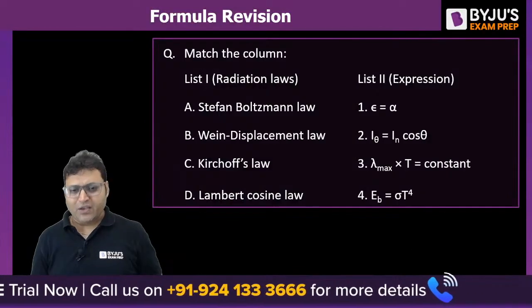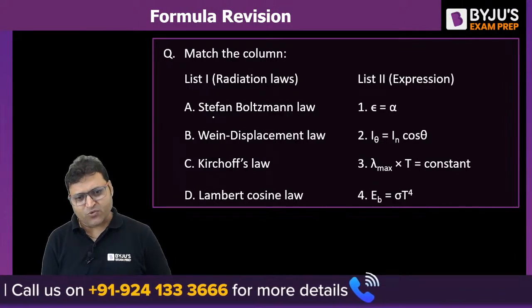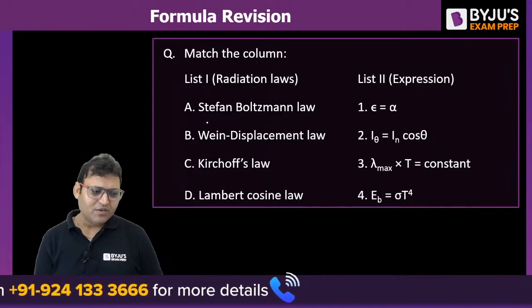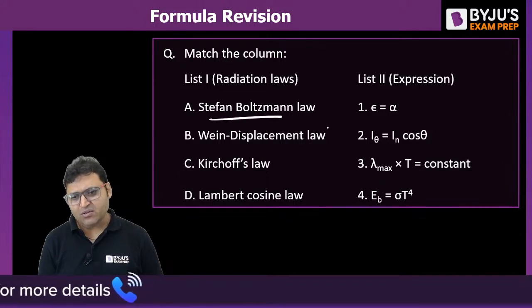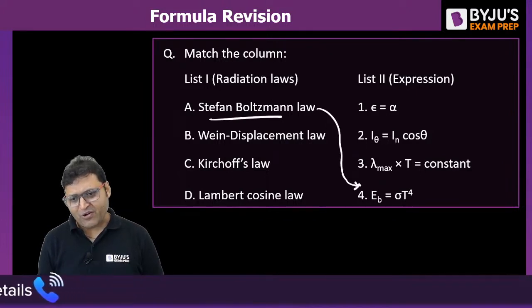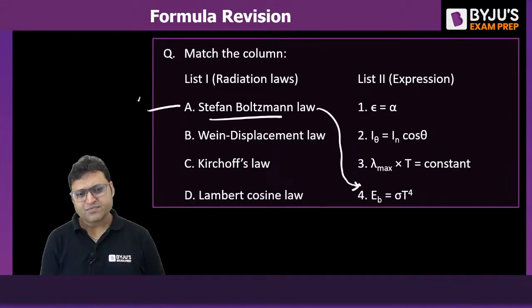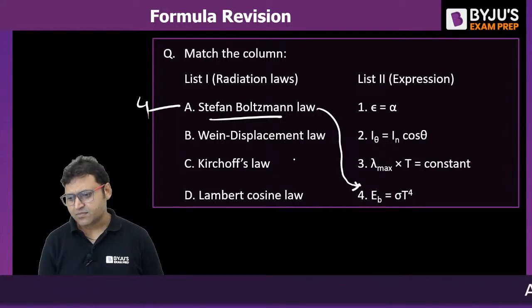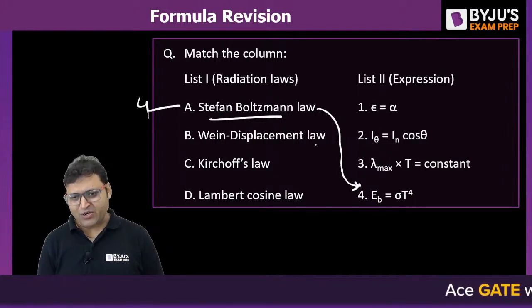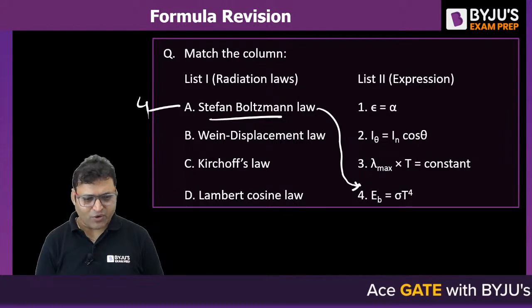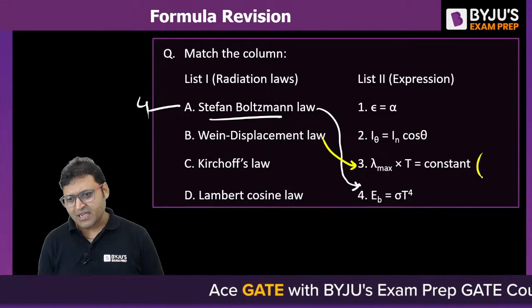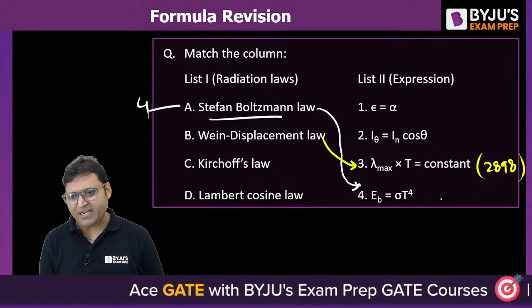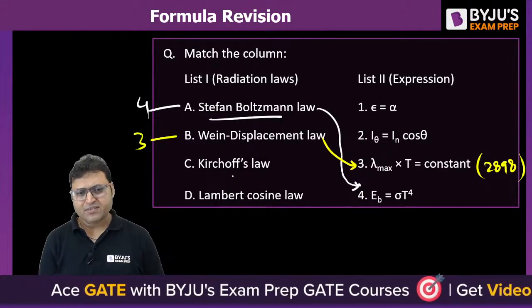So if we talk about Stefan-Boltzmann law, that is the fourth power law, it is for the emissive power of the black body, A4. Wien displacement law, lambda max into temperature is constant, that is 2898 micrometer Kelvin, B3.